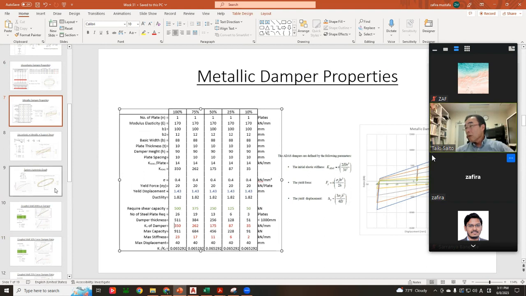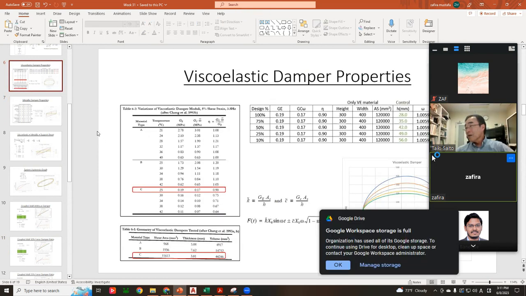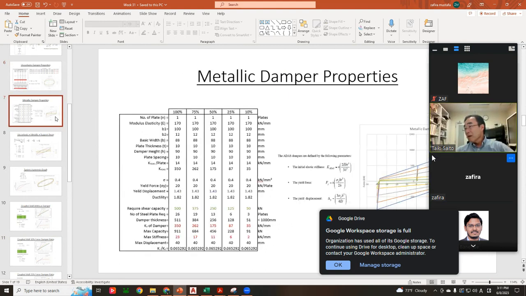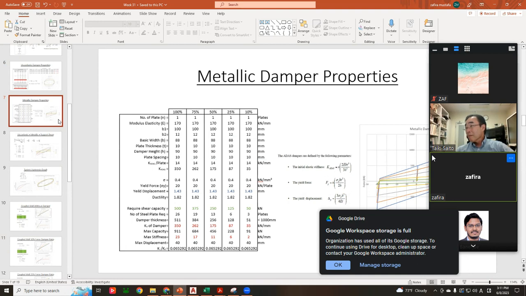Could you go back? So, if 100% viscoelastic, you combine with 100% metallic. Yes, Sensei. Why? To make sure the capacity reduces by the same percent.